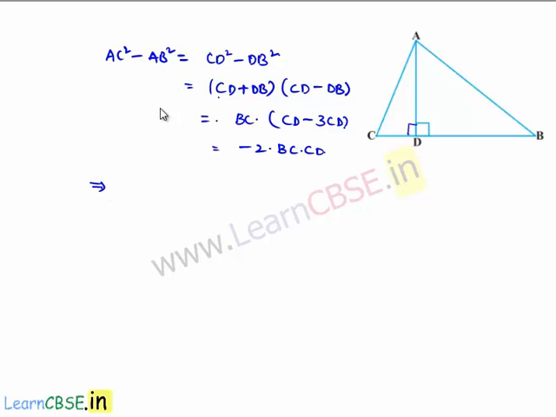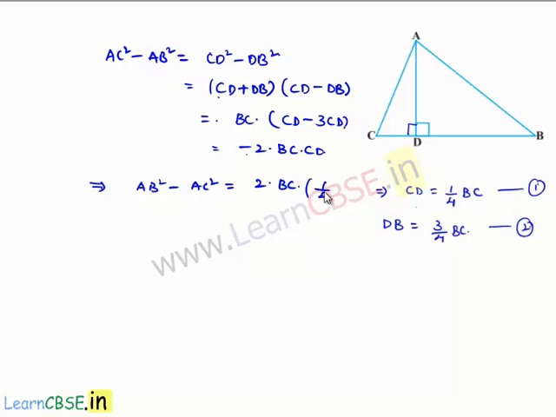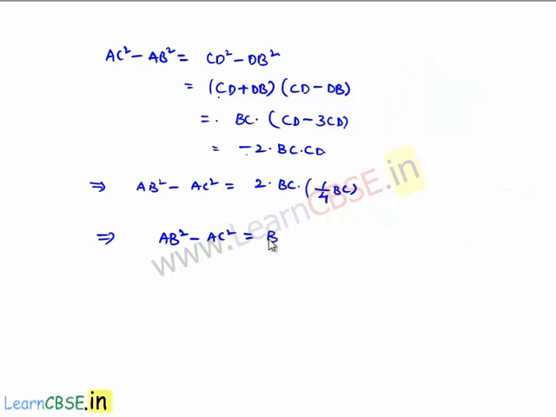So now, in order to change the sign of right hand side, let us multiply it with minus. Then we get the equation as AB square minus AC square is equal to 2 times BC into CD, and we can write that CD is equal to 1/4 times BC from equation 1. So finally we got that AB square minus AC square is equal to BC square by 2.